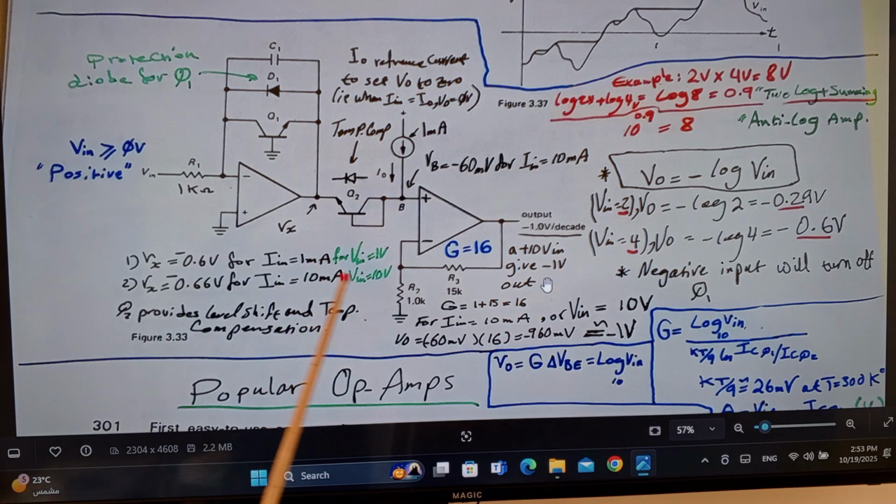So let's say if we double that current, we'll have 18 millivolts. So we're going to get our 18 millivolts in here, which is a negative 18 millivolts, of course. And if we have 10 times that current, for Vin equal 10, we're going to have in here a minus 60 millivolts.